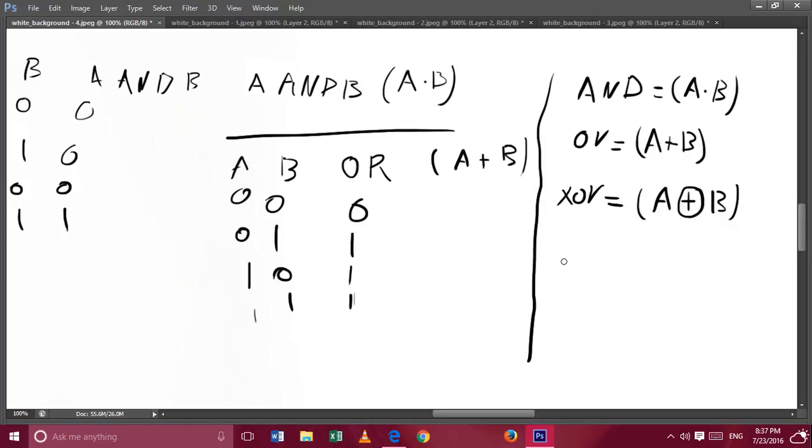What about NOR? NOR, we can say A or B with a bar over it. This is NOR. Why do you see this bar? Because if you remember, we said that NOR is OR and then NOT, and that's what we are doing.